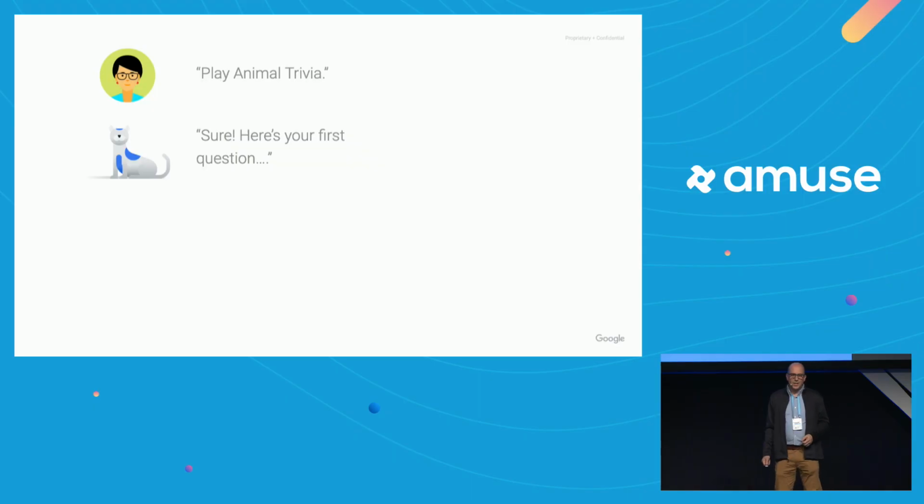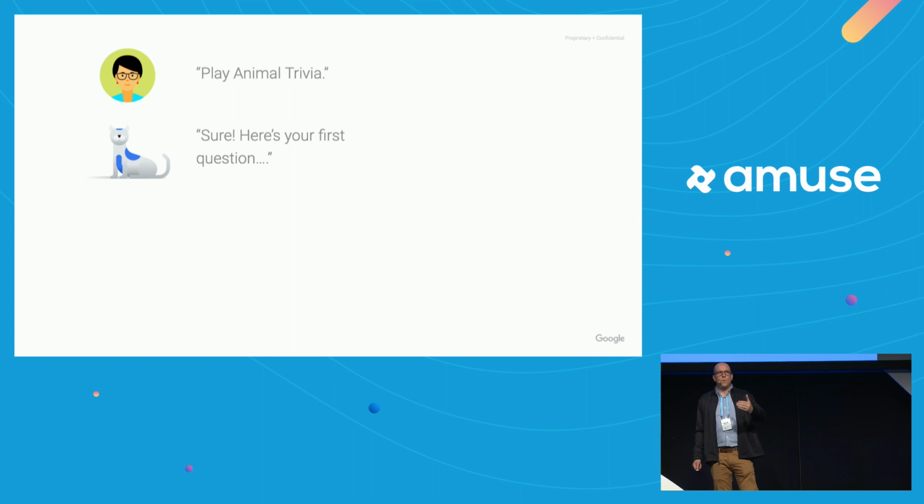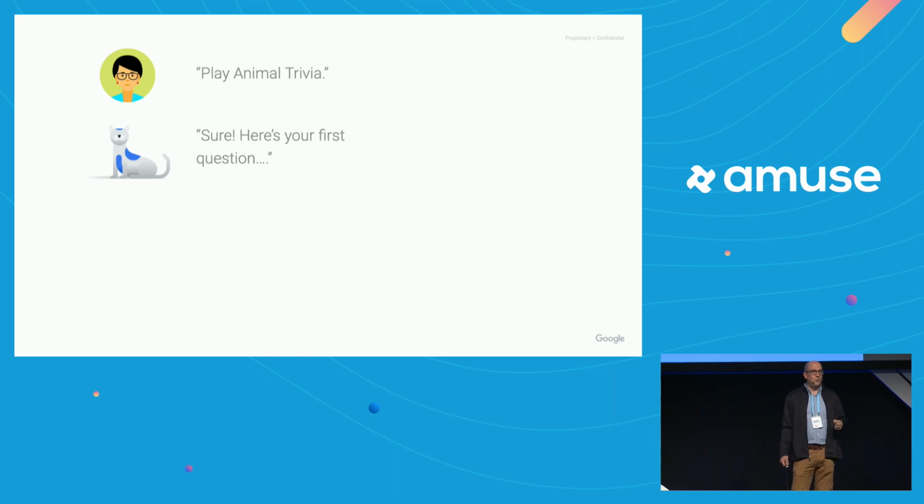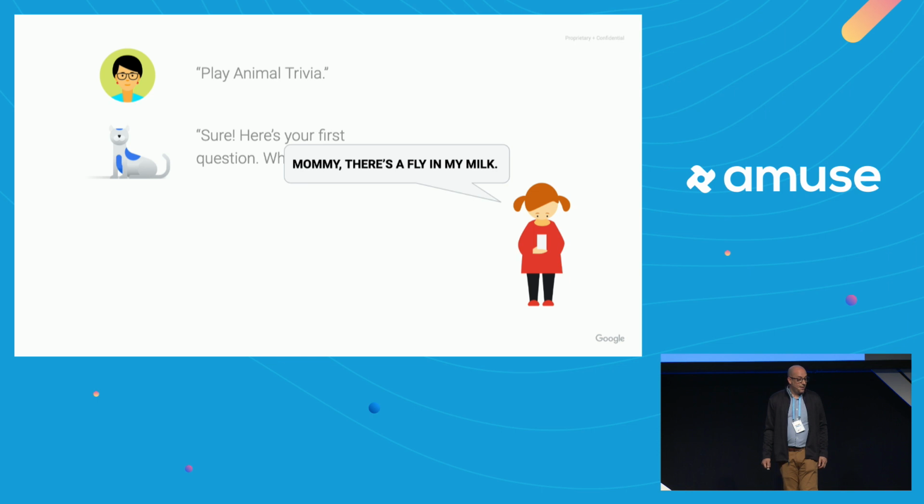Another thing we can do within that space is write these reprompts in a way that is helpful for people as opposed to frustrating. What conversation designers often do is write a stock reprompt that they use everywhere that just says, sorry, please say that again. But imagine this situation. Somebody says, play animal trivia. And the system comes back and says, sure, here's your first question. But then their child is in the room and says something like, Mommy, there's a fly in the milk.